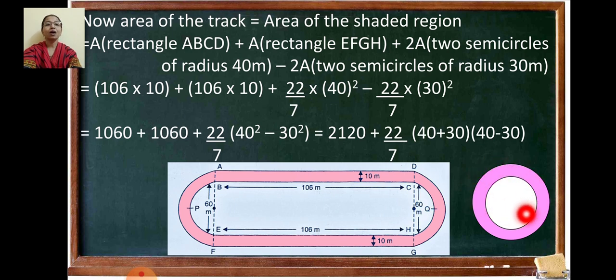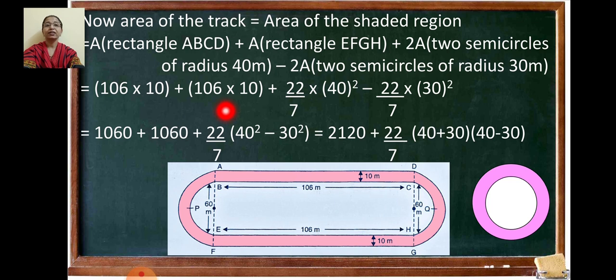So from this outer circle's area, we will subtract the inner circle's area. And how did we get this circle? If I join these two semicircular parts together, you will get a geometrical figure like this, which are concentric circles, right? So the area of a rectangle is length into breadth, so 106 into 10.